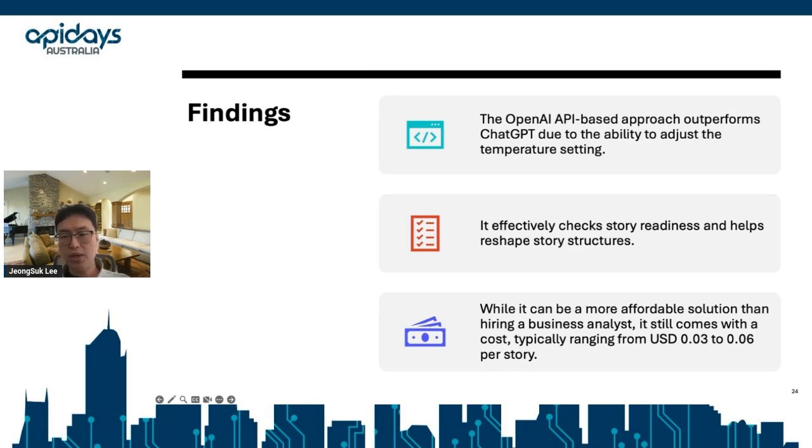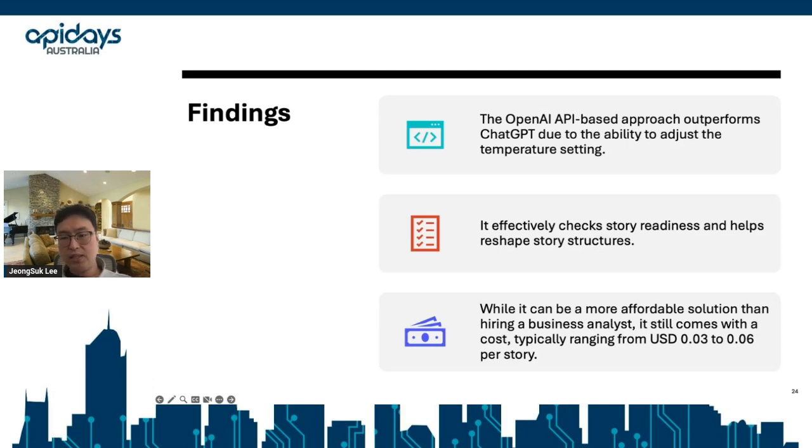I have to work with the most logical approaches, so I reduce the creativity from OpenAI as much as possible. Next, it effectively checks readiness and helps reshape story structures with Gherkin syntax. As you've seen, the prompt checks any logical ambiguities and makes it clearer for developers to define technical or business logic in their system.